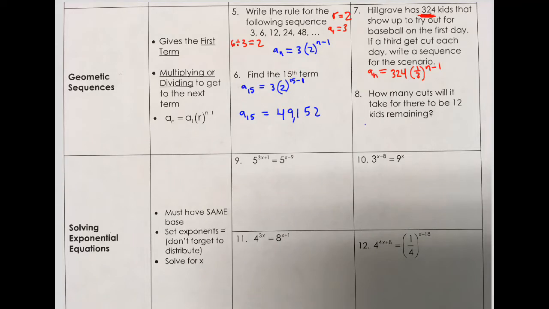So we have A sub 12 is equal to 324 multiplied by 1/3 to 12 minus 1. And again, after you punch all that into your calculator, you should get 4. So that would be 4 cuts.